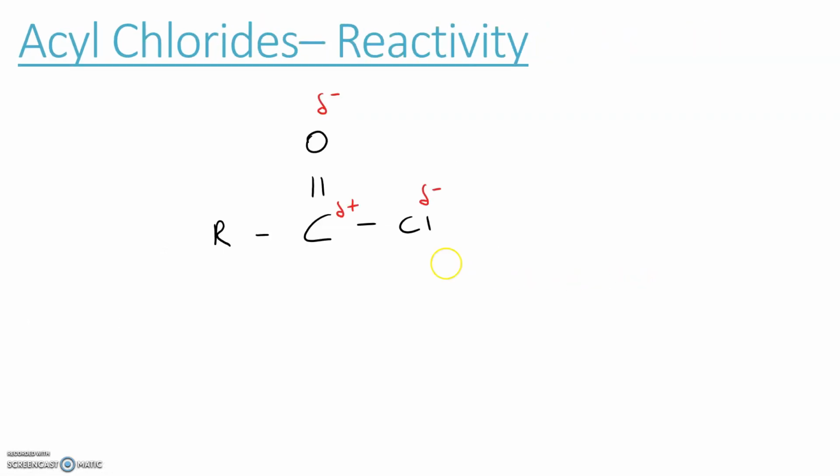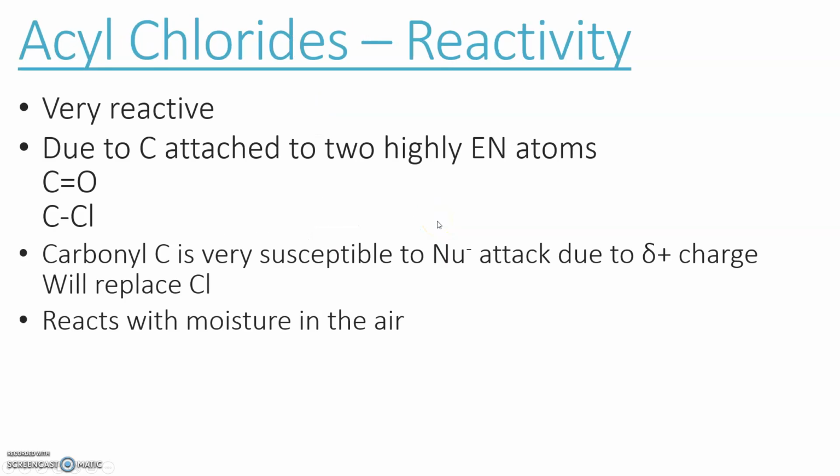So what happens is, we'll show in the next slide. We have another molecule that has a negative region, which is attracted to this carbon and bonds with the carbon, replacing the Cl. That's what nucleophilic attack is referring to here. A nucleophile is another molecule attracted to this carbon nucleus that forms a bond with it, displacing the chlorine.